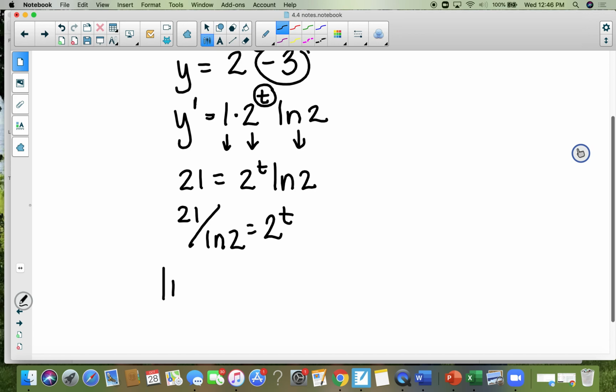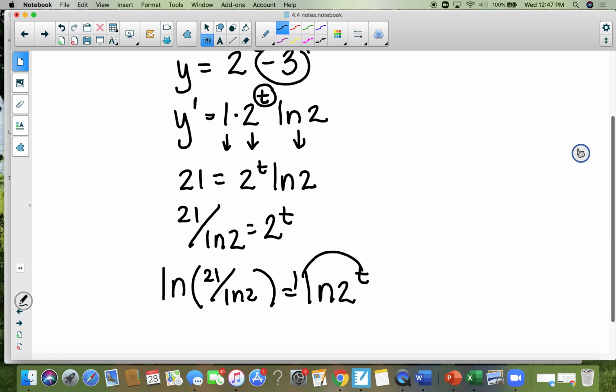So you're just going to natural log the 21 over the natural log of 2 equals the natural log of 2 to the t. So the t will come out in front. So whatever the natural log of 21 divided by the natural log of 2 is going to give you your answer, which ends up being, I think, like 4.921.